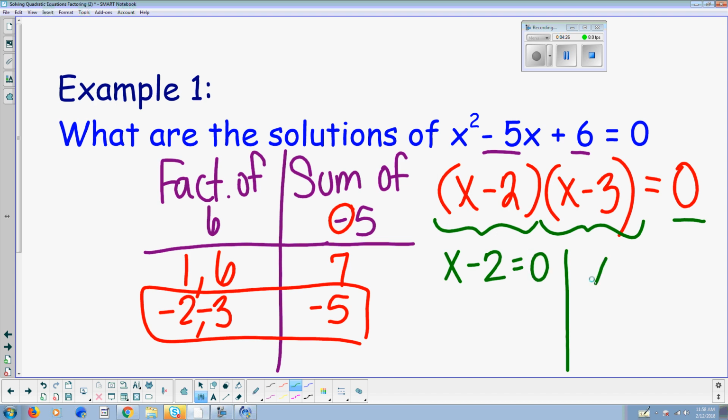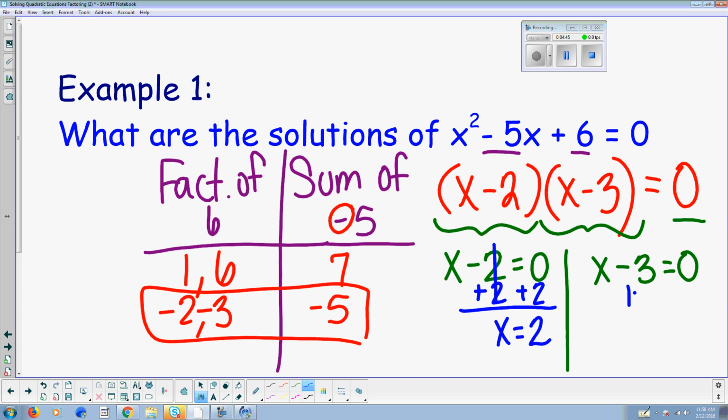So we're going to set each factor equal to 0, because either of them equaling 0 makes this equation true. Solving the first one, we add 2 to both sides, and that gives me a solution of x equals 2. The second one, I add 3 to both sides, and that gives me a solution of x equals 3.